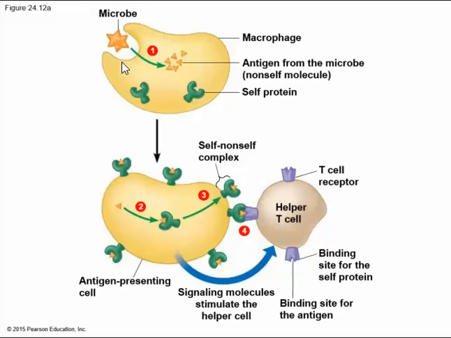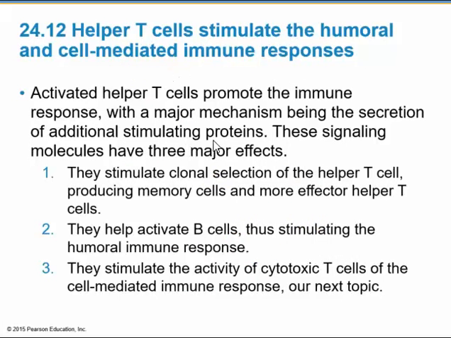So what happens is a macrophage eats the bacteria and breaks it down into smaller parts, the antigens. Self-proteins bind to these antigens and then are incorporated into the cell membrane of the macrophage. Now, the helper T cell will bind to this complex here, and what that does is the cell is now activated.